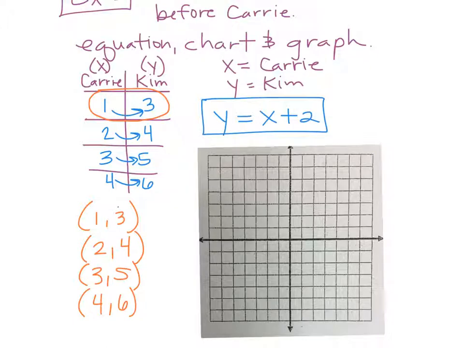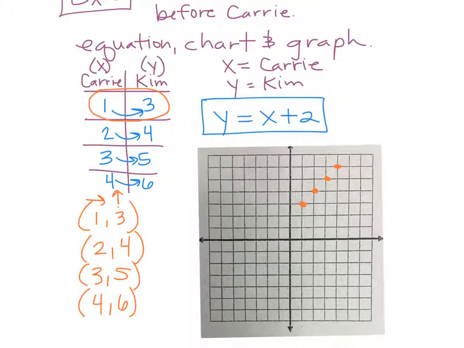Okay, so where do I move for 1, 3? To the right 1, and then up 3, right? So to the right 1, up 3. There's a point. Where do I go for 2, 4? To the right 2, up 4. Okay. Then we do 3, 5, and then we do 4, 6.